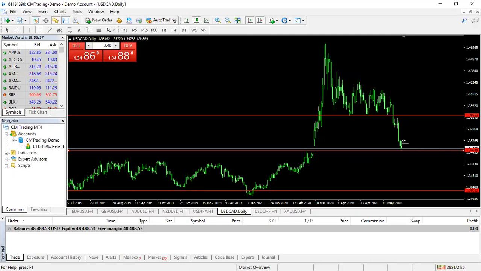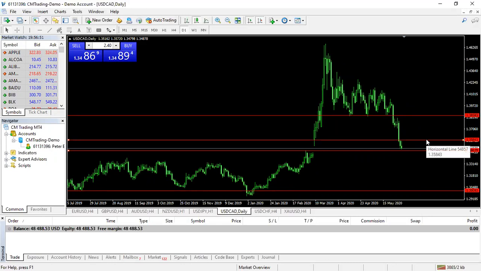But let's say we put our stop loss above this candlestick, okay? The daily, weekly one that was there, okay? So that is what you're going to use as the stop loss.